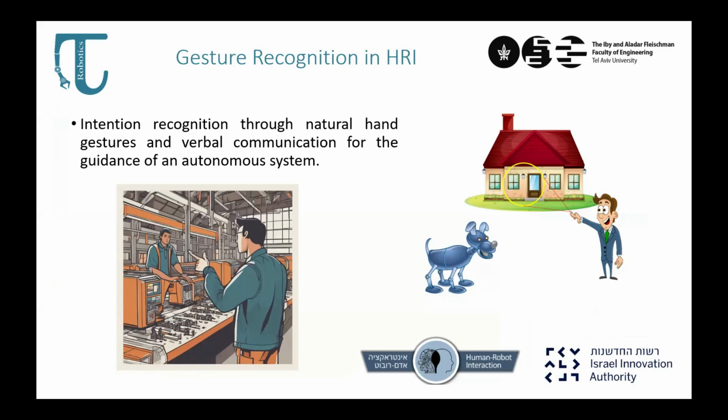We've also been doing work on gesture recognition, or natural intention recognition. Basically, we observe how humans interact with each other, and we say, okay, this guy is standing a bit far from this guy, and in order to direct him to do something, he can point, he can apply some gestures, and also maybe later add some verbal communication in order to provide context.